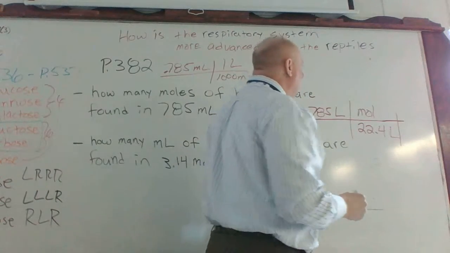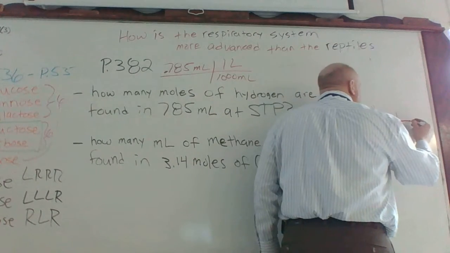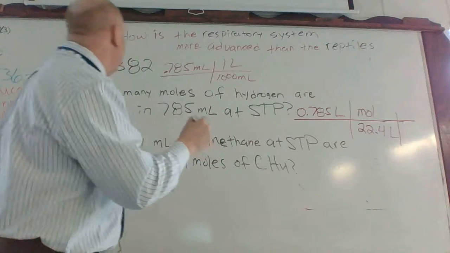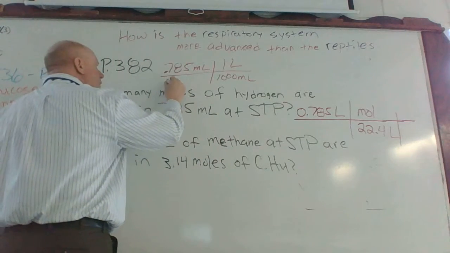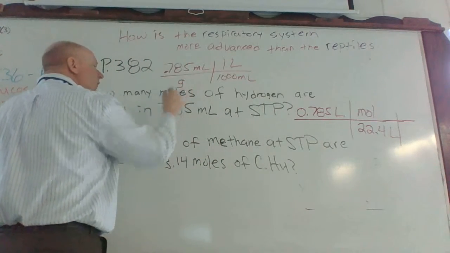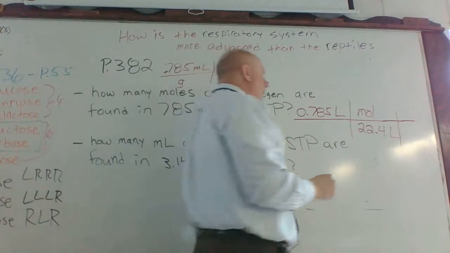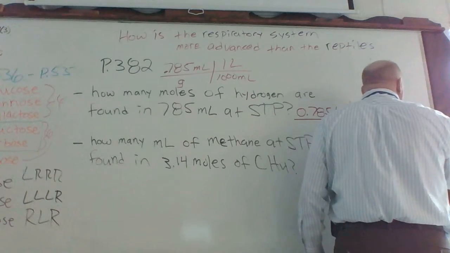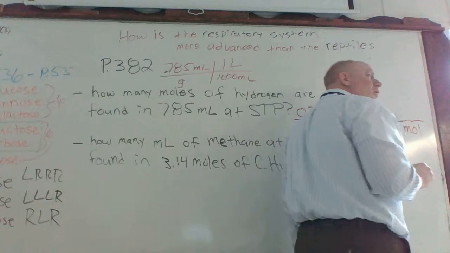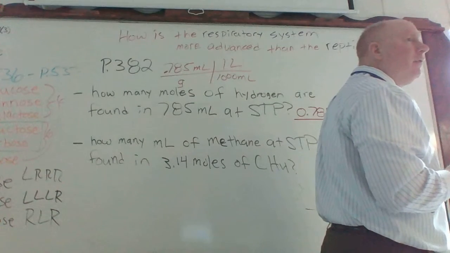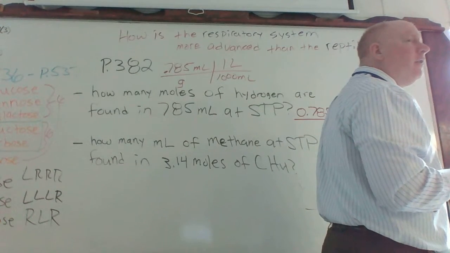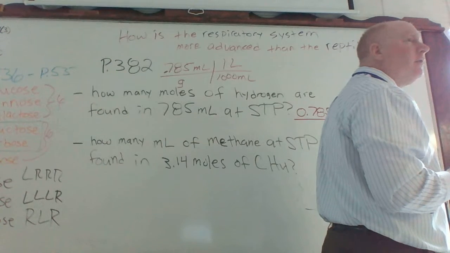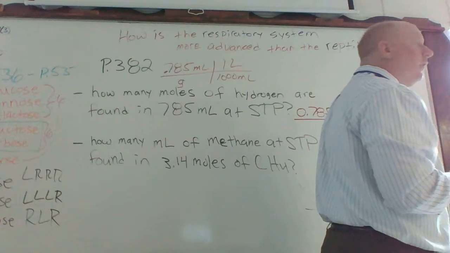Okay, so what would we do to convert this to, instead of how many moles, if we wanted grams? So for every mole of hydrogen, how many grams do we have?